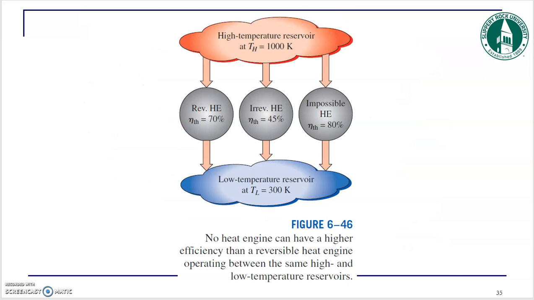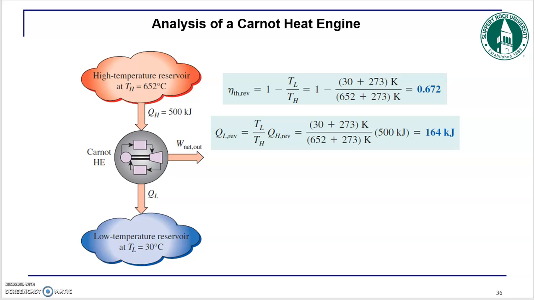An example of that is, let's say you have this Carnot cycle. You are receiving 500 kilojoules, and your high temperature reservoir is at 652, and you're losing QL to the low temperature reservoir, which is at 30 degrees Celsius. The goal is to calculate the efficiency of this Carnot cycle, as well as how much heat is being lost to the low temperature reservoir.